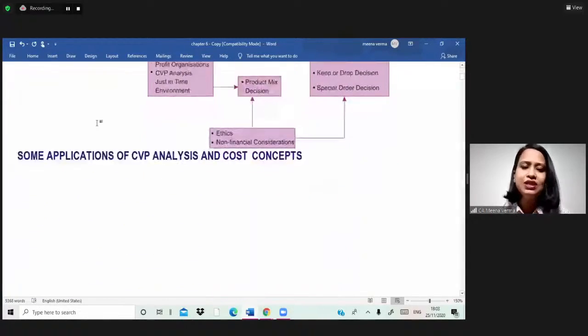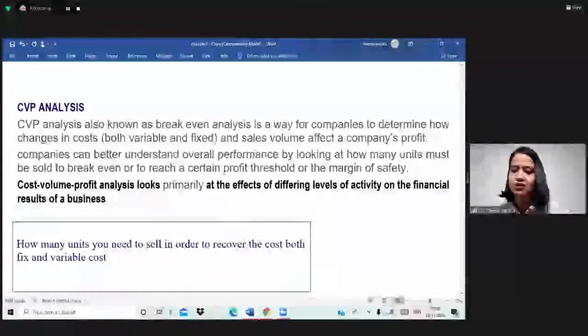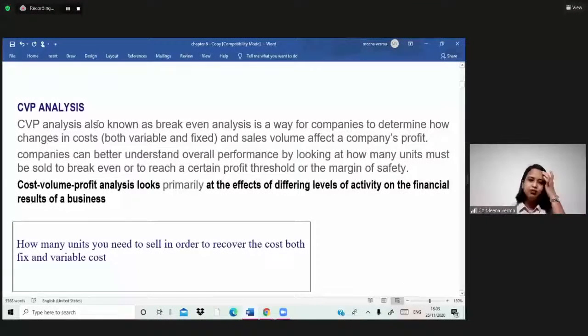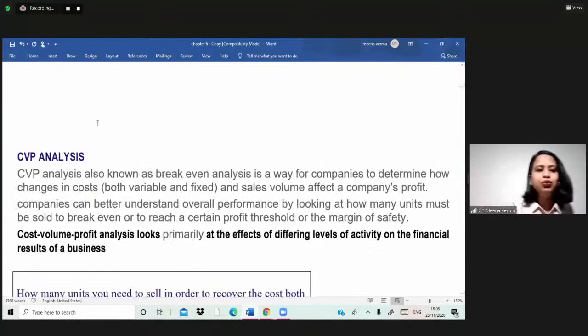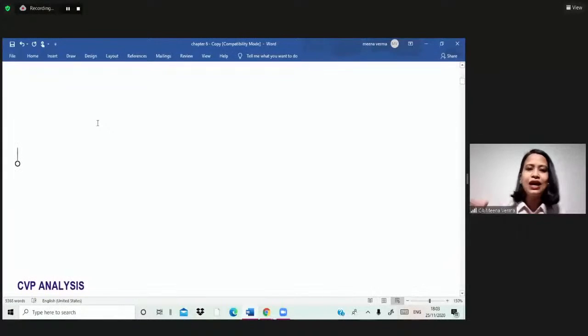First let us understand what is break-even analysis, and how CVP analysis is related to strategic cost management. We all know that before starting the production, it's very good to know in advance what will be your cost.